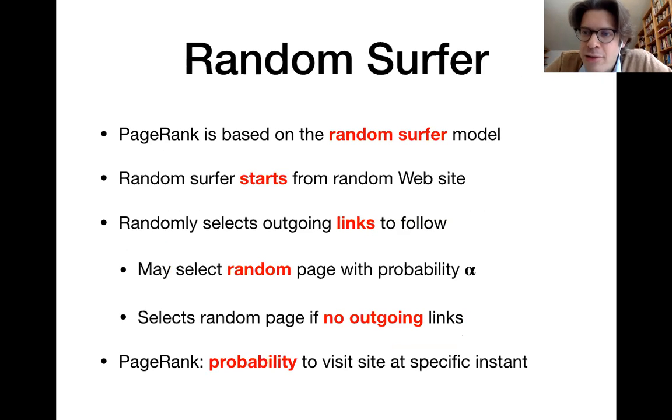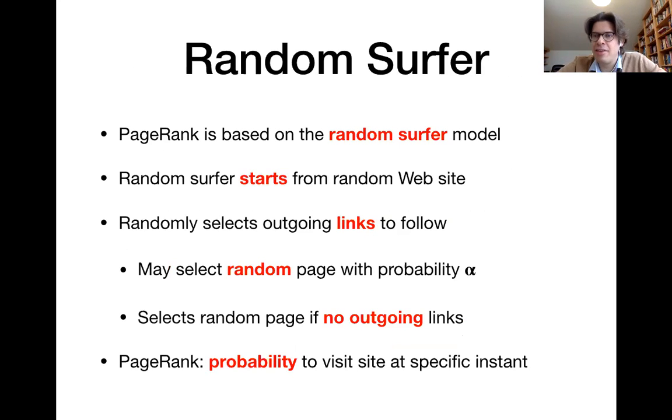The PageRank algorithm is based on the random surfer model. And here we're talking about a randomized web surfer, which essentially starts from some random website and then randomly clicks on any link leading away from the current page. And it selects among the outgoing links with a uniform random distribution.